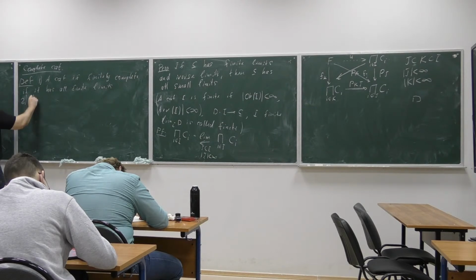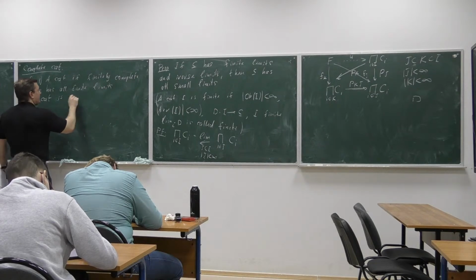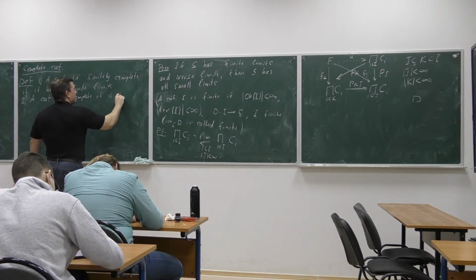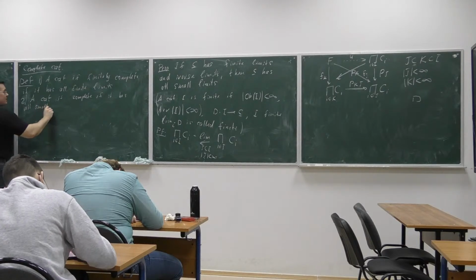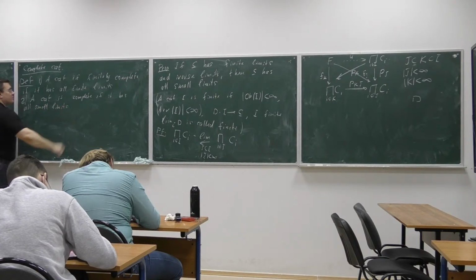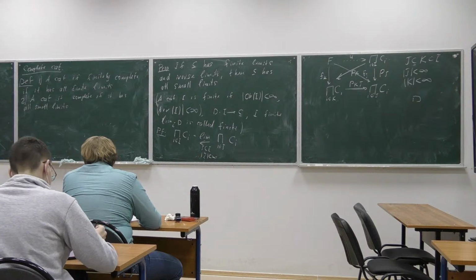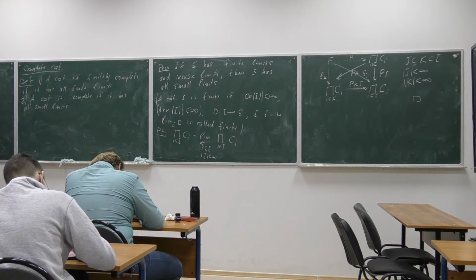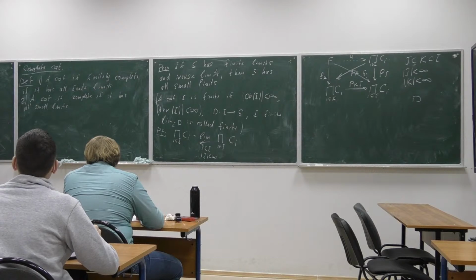And second, a category is complete if it has all small limits, meaning that the indexing category is small as a category, so objects form a set. A small limit is a limit for a category I where I is a small category.